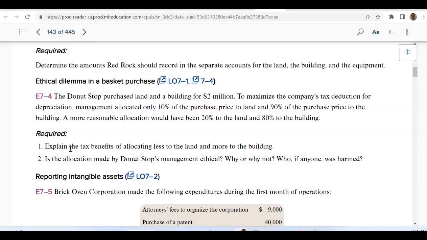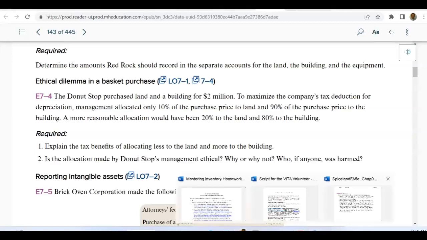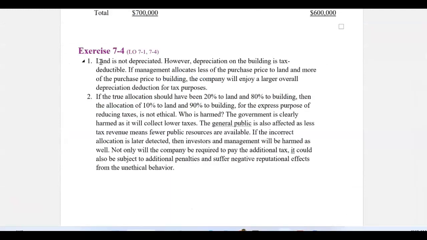Explain the tax benefit of allocating less to the land and more to the building. Is the allocation made by company management ethical? Why not? Who, if any, was harmed? So the answer is no, it's not ethical. Land is not depreciated, first of all. However, the depreciation on the building is tax deductible, right?